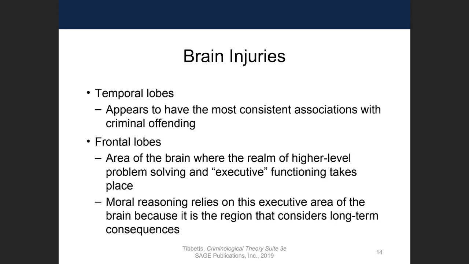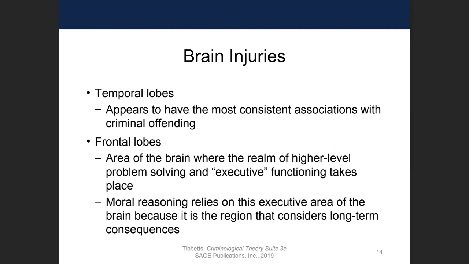They found that moral reasoning relies on this executive area of the brain because it is the region that considers long term consequences. Whenever a person has an injury to the frontal lobe, they will not be able to adequately consider long term consequences of their behavior, which, of course, would place them at risk for engaging in criminal behavior.